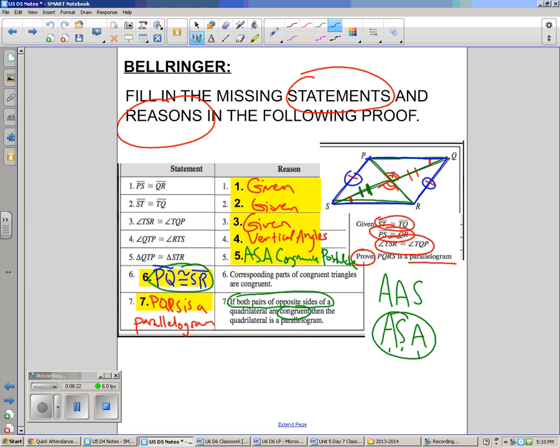And I'm going to mark that in my diagram. Segment PQ is congruent to segment SR. Now I can say in reason 7, if both pairs of opposite sides of a quadrilateral are congruent, then the quadrilateral is a parallelogram.